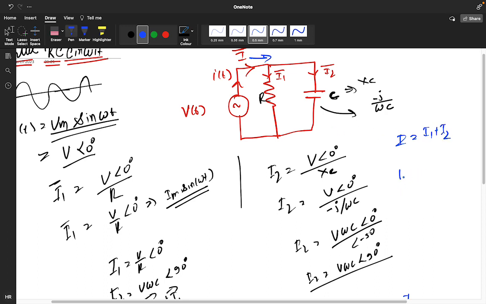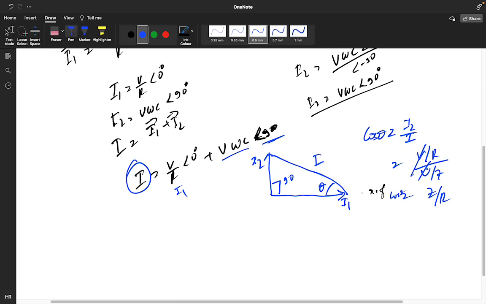And V is equal to I into Z, so I is V by Z. That's why I have written V by Z. So V will cancel out, this Z will go upside and this will come downside. So Z by R we are getting. Same result we are getting.